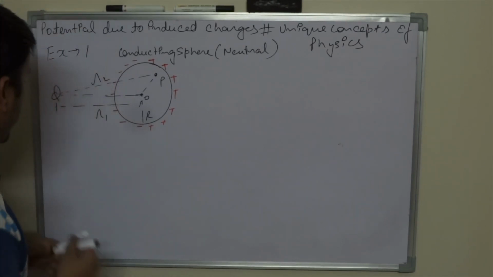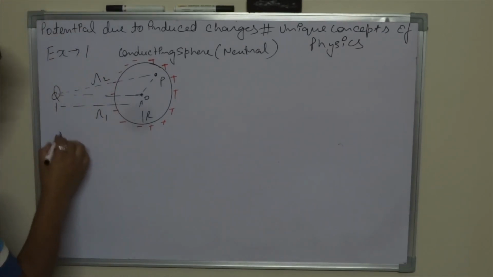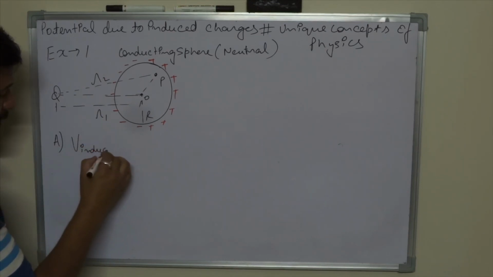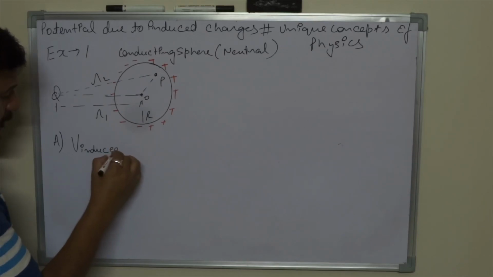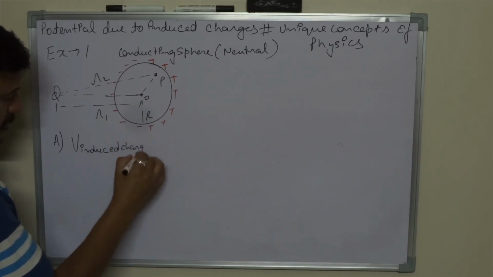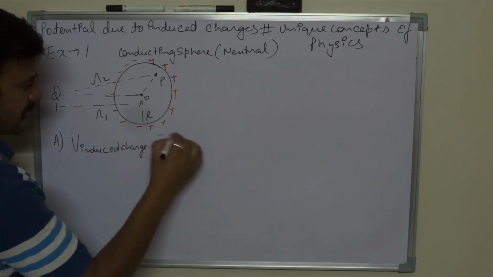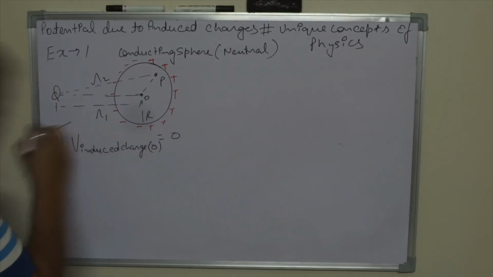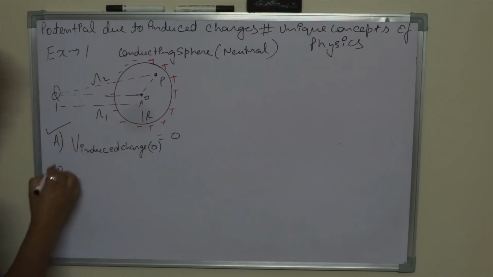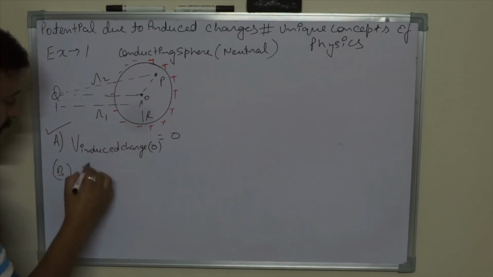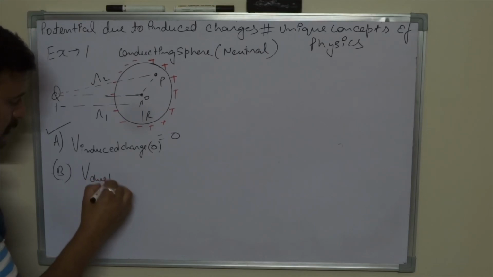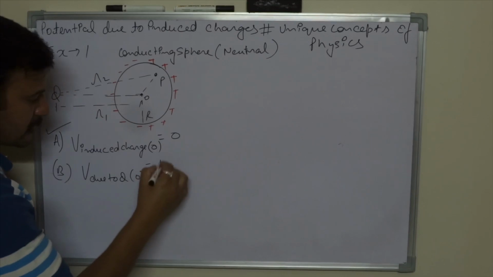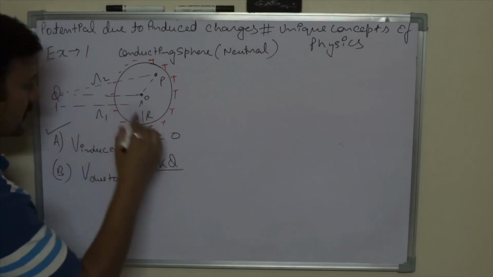So I can write option A, potential due to induced charge at O is 0. This is correct. Now option B, potential due to Q at O is equal to KQ upon R1.